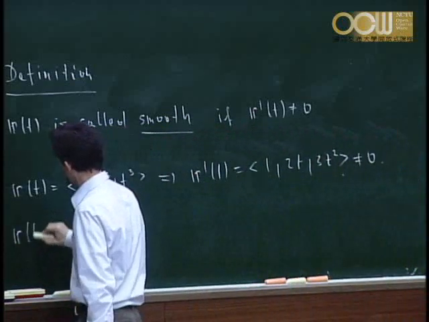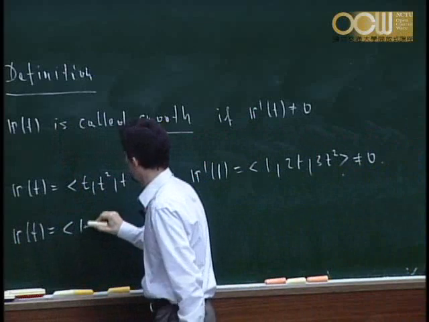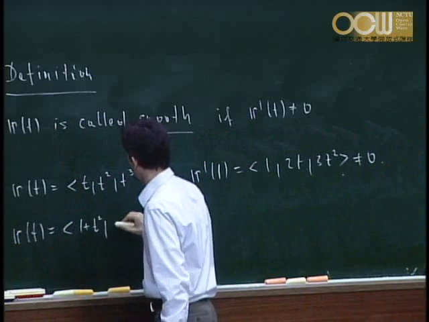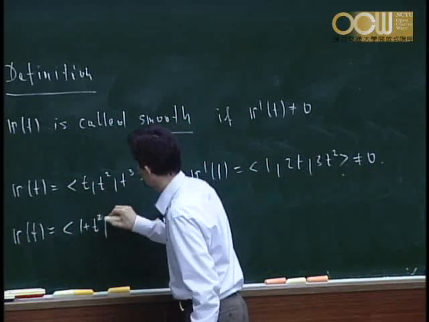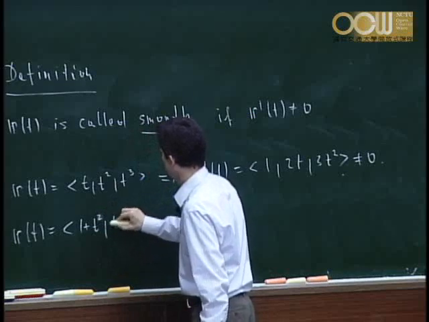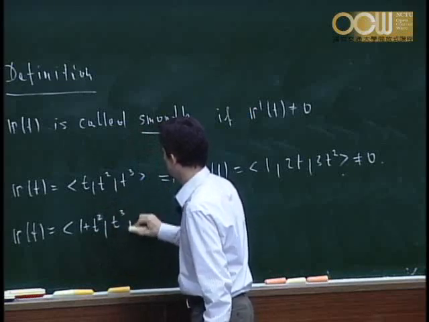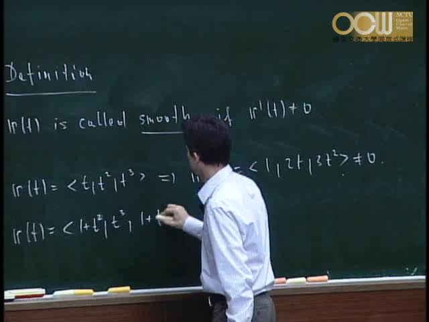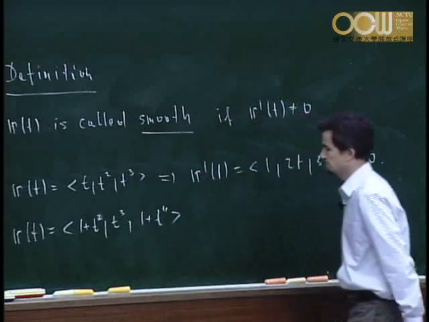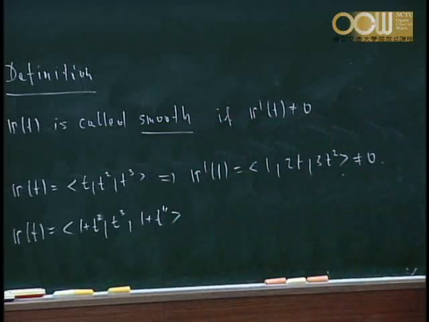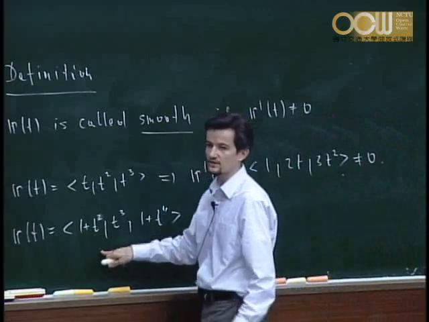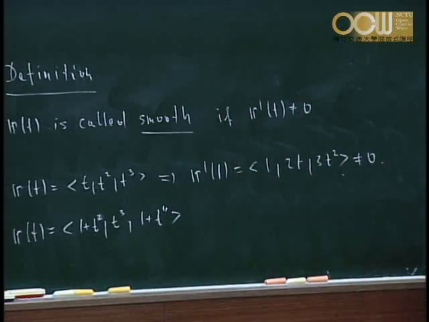If you look at this function here, let's say 1 plus t squared, let's say t to the cube, let's say 1 plus t to the fourth, you see this is just defined for t larger or equal than 0, so the domain of this function will be t larger or equal than 0.